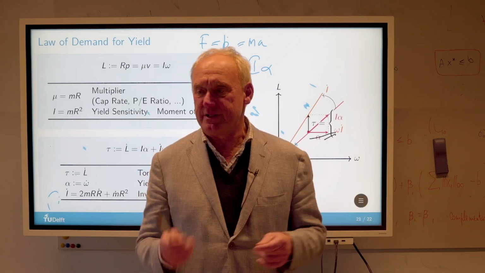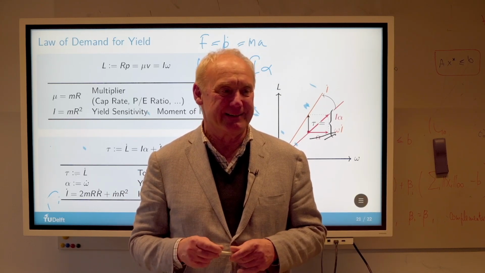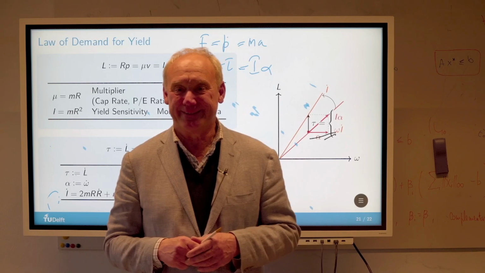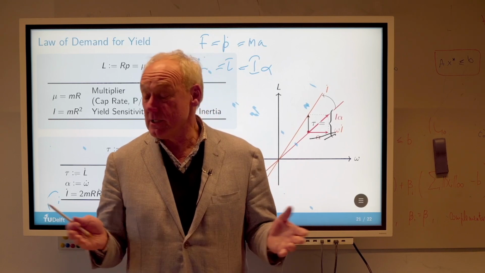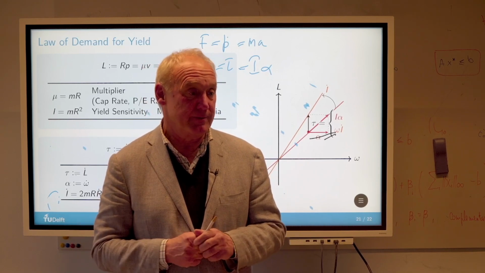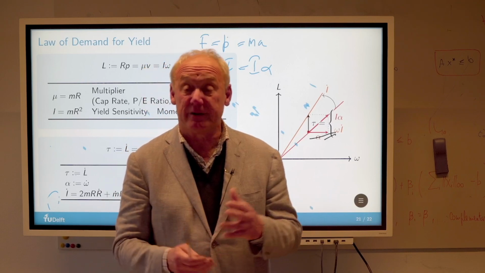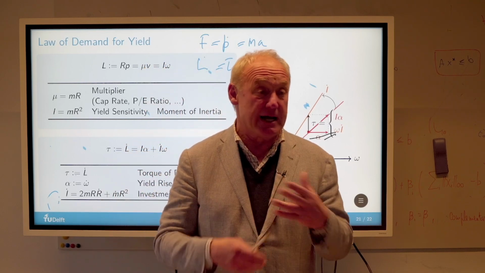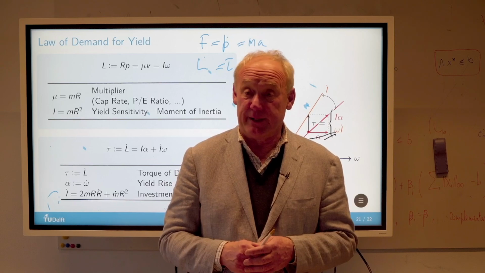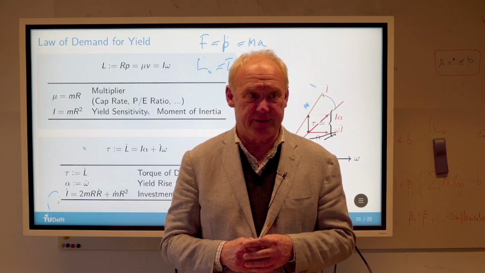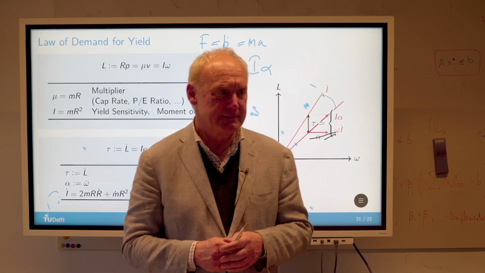You should know this by heart, okay? So this is what we're going to leverage now. We're in good shape, except now we'll be able to interpret everything economically. The moments of inertia, torques, the whole shebang, all right?